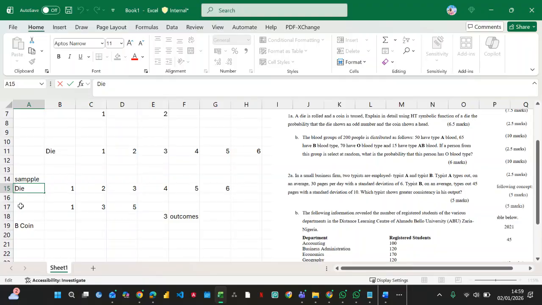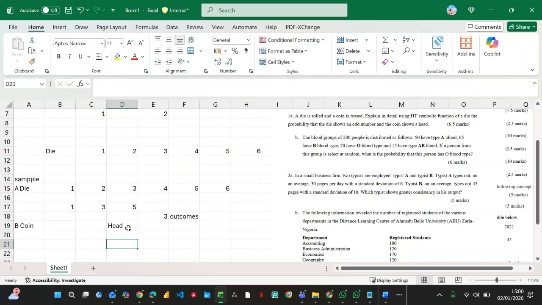Let's just say event A is our die. So this one, what is the probability that the coin will show a head? So we have the head, right? We can just put H, and then we'll move on.